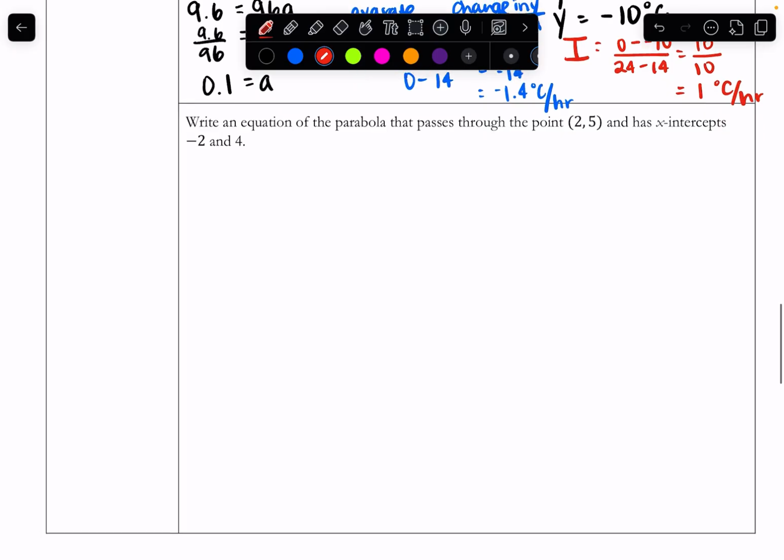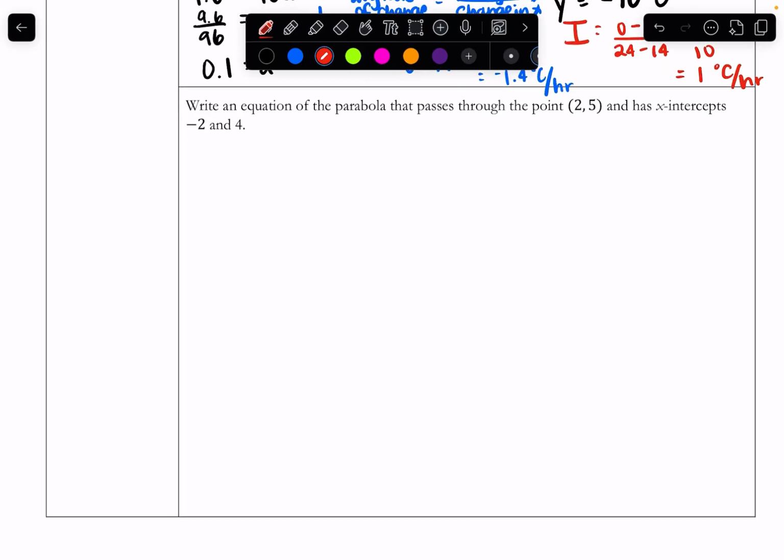Okay, last one here. Write the equation of our parabola that passes through this point. This is just a random xy point. We don't know that it's anything special, but we do know that we have P and Q over here are x-intercepts. Okay, so because I have the x-intercepts, I am going to use my intercept form, which is this.